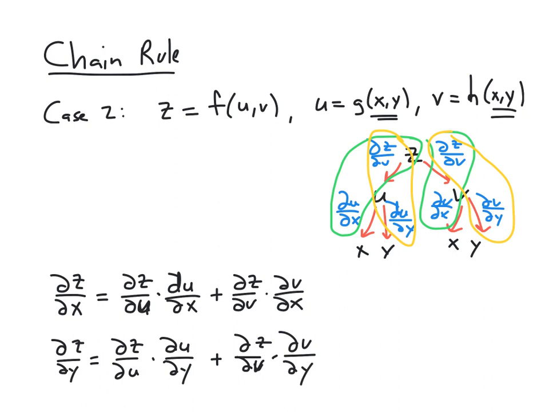You'll notice that these two equations are exactly the same, except that in the first one we have del x in three places, and in the second we have del y. And this is fairly typical. We're just looking at the variable that we're differentiating with respect to, and typically this will be symmetric in the variables.